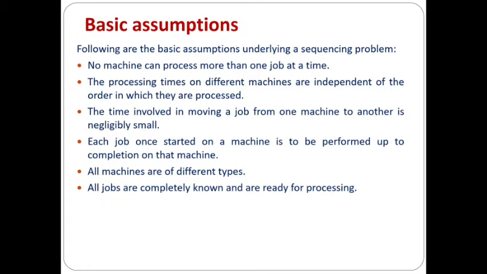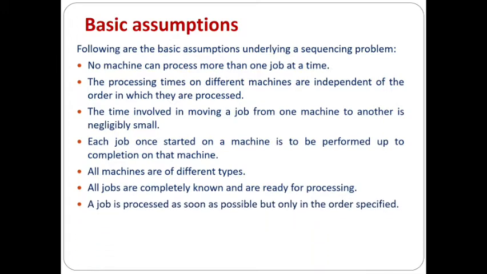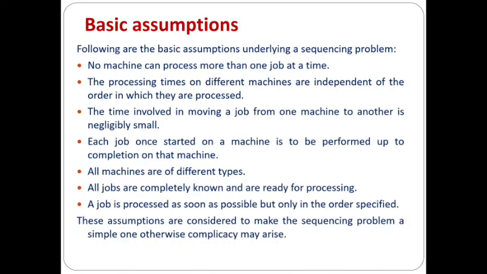All jobs are completely known and are ready for processing. A job is processed as soon as possible, but only in the order specified. If it is M1 to M2 to M3 to M4, then it should be processed only in the same order. These are the assumptions to be considered to make the sequencing problem a simple one. Otherwise, it is very complex and complicated to solve.